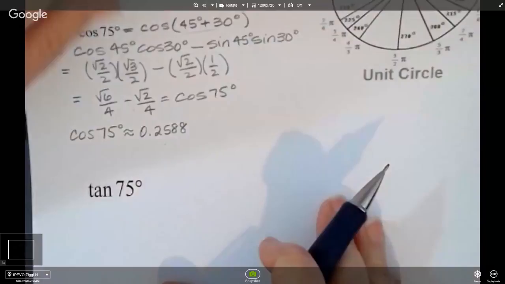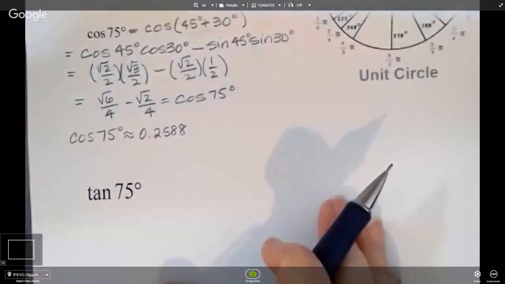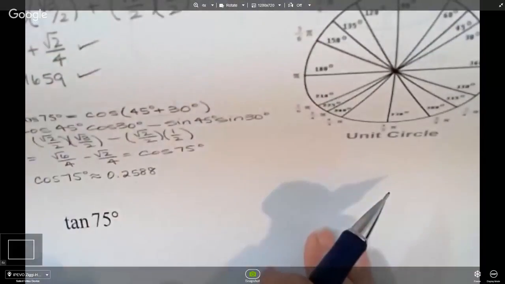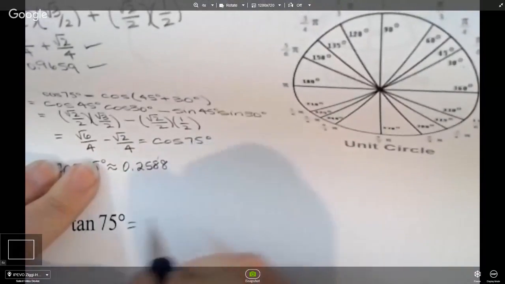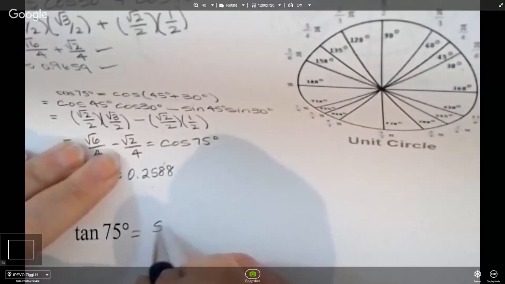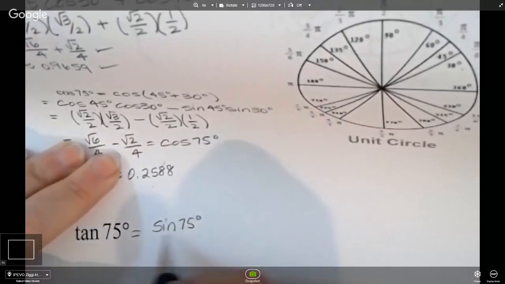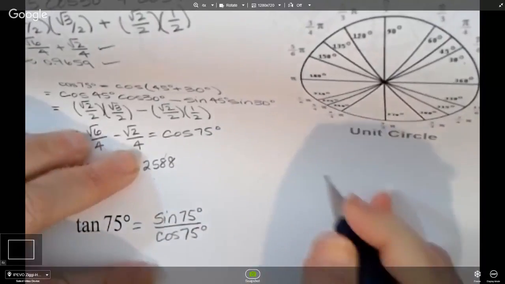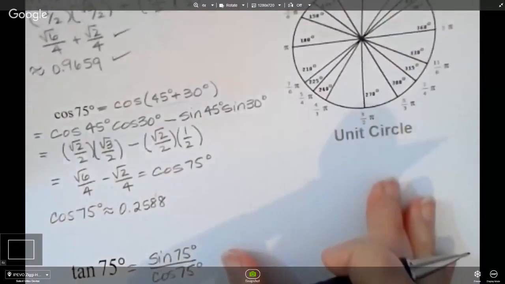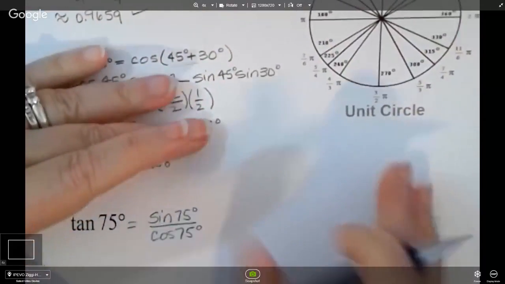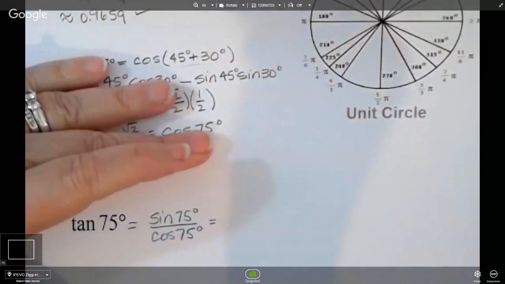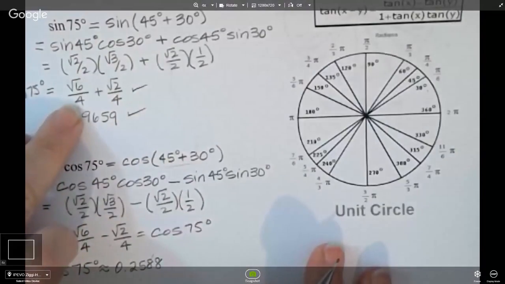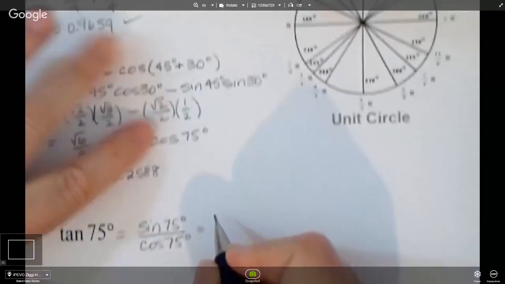All right, now tangent. The good news is there are two ways we can find the tangent of 75, okay? The tangent of 75 is going to equal the sine of 75 degrees over the cosine of 75 degrees. And we actually know what those numbers are because we just calculated them. We know that the sine of 75 degrees was, if you look back at the top here, root 6 over 4 plus root 2 over 4. So let's put that down here.